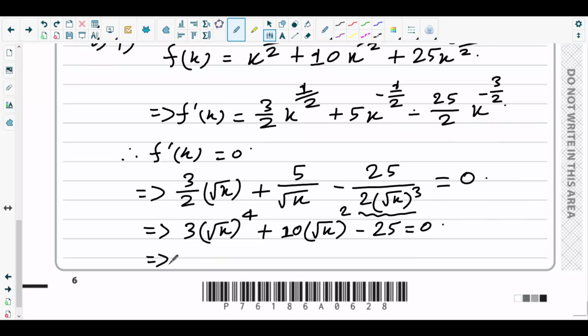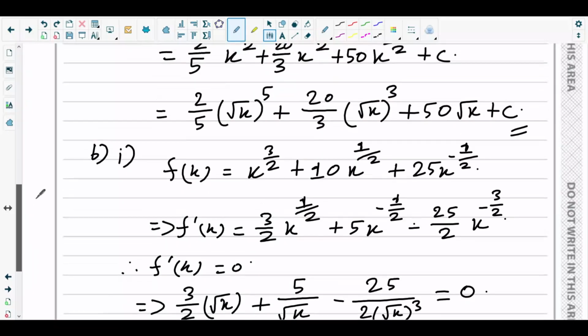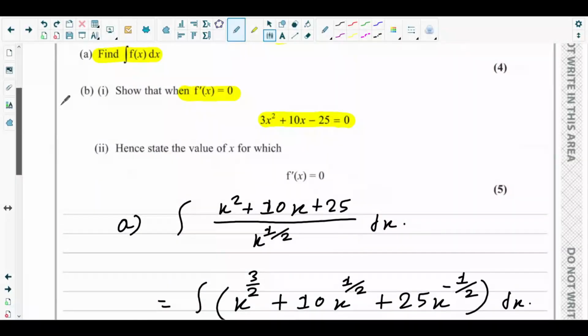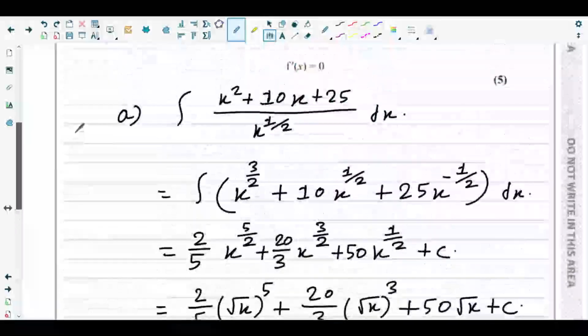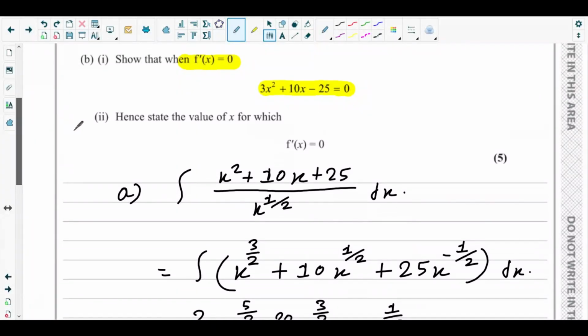So square root of x to the power 4, half times 4 makes it 2, right? So 3x squared plus 10x minus 25 equals 0. And that's exactly what part B1 has asked for, isn't it? 3x squared plus 10x minus 25 equals 0.